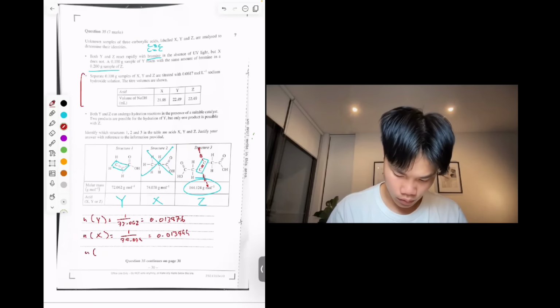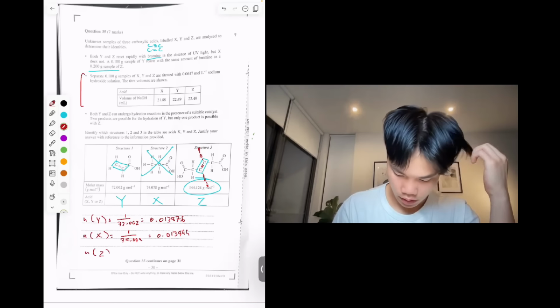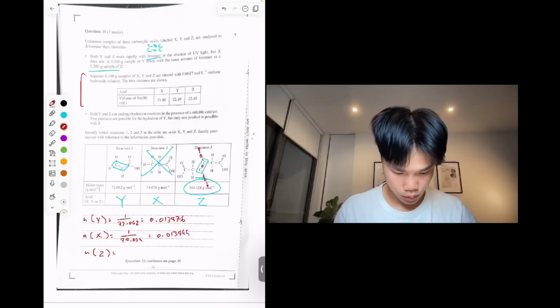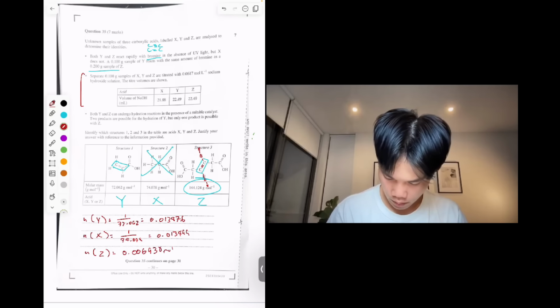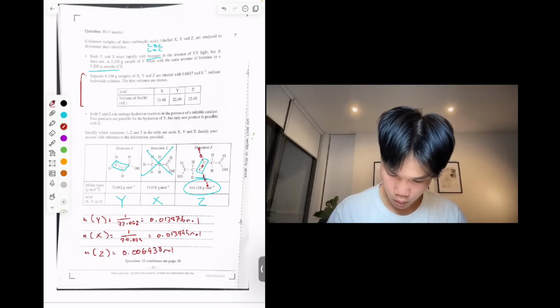And moles of Z is equal to 1 on 144.124, which is 0.006938.